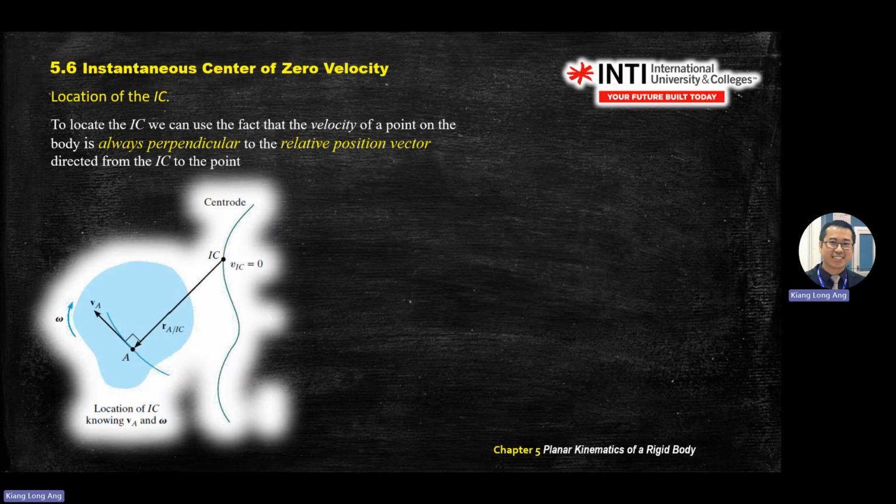This is your VA. And let's say we have a reference point given in the green color. So this one, let's say we have an instantaneous center. We call it IC. So the location of IC is such that the velocity of the point on the body is always perpendicular to the relative position vector.